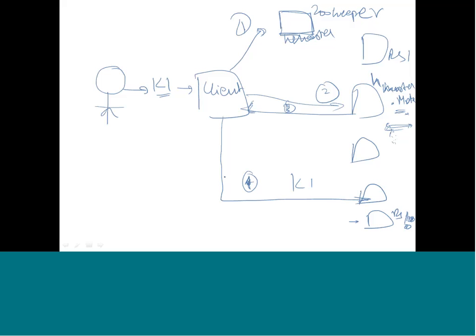The client already knows which region server to go to. In that case, step 1 is omitted because he knows the HMaster. He'll go to perform 2, 3, and 5. Right.